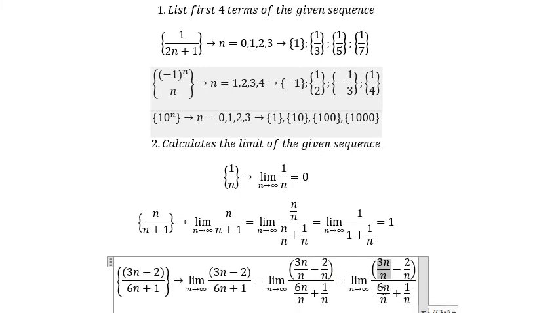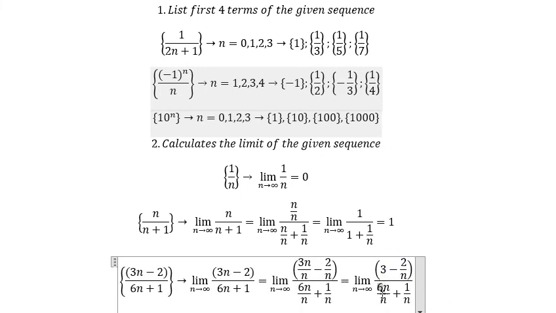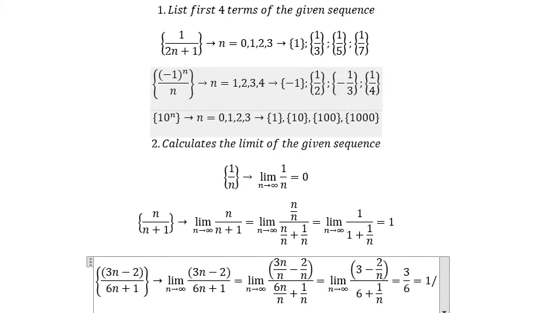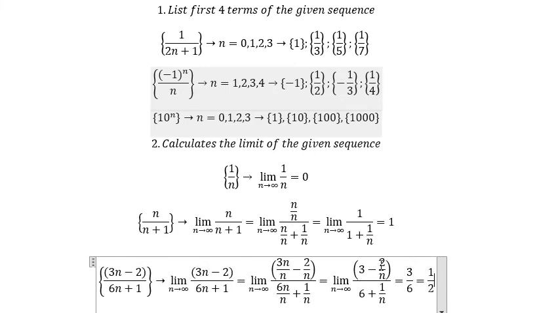This one you get 3. This one you get 6. So we simplify and you get 3 divided by 6. And you get 1 over 2 because these terms go to 0 and 0. So at the end you get 1 over 2.